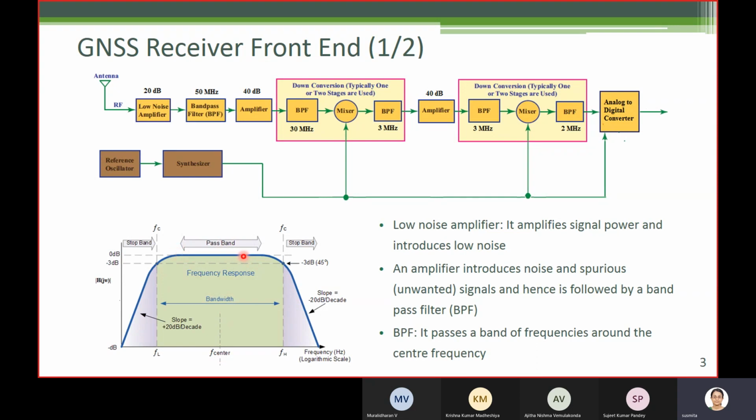The gain is maximum here, and the bandwidth, the pass band, is the range of frequencies over which the gain falls 3 dB below the maximum gain. So this is the bandwidth.